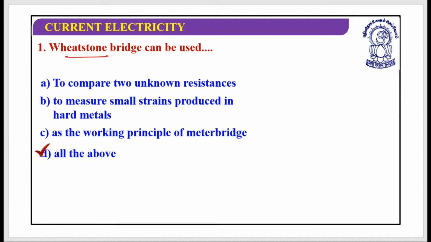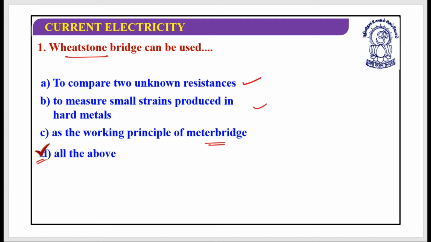Have a look. Question: a Wheatstone bridge can be used to compare two unknown resistances. Yes, could it be? To measure small strains produced in hard metals. Even it could be there. As the working principle of the meter bridge. Yes, at this point of time we do not know the meter bridge, but yes, it can be used.